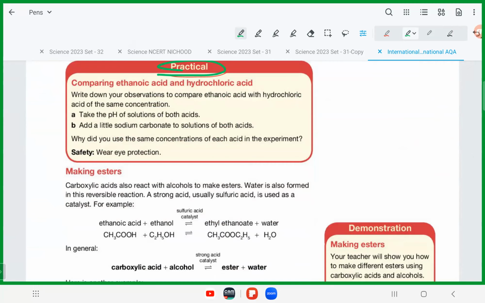Take the pH of solutions of both acids. Add a little sodium carbonate to solutions of both acids. Why did you use the same concentration of each acid in the experiment? The same concentration was used because if different concentration, okay, let me phrase this.